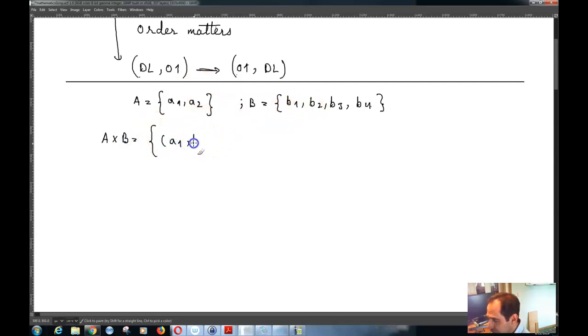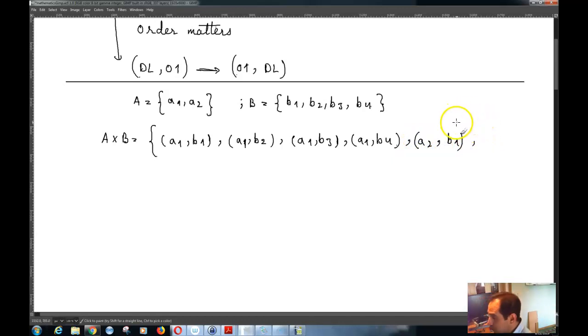For example, A1B1, A1B2, A1B3, A1B4, and then you have A2B1, A2B2, A2B3, and A2B4. So that is basically all the ordered pairs that you get in this situation: 1, 2, 3, 4, 5, 6, and 7, which is not right.